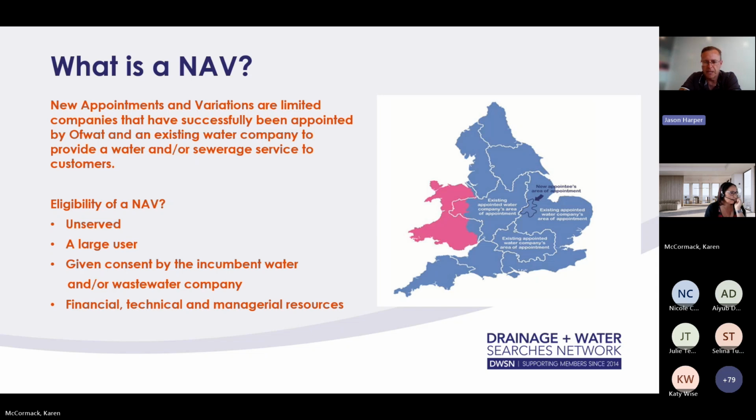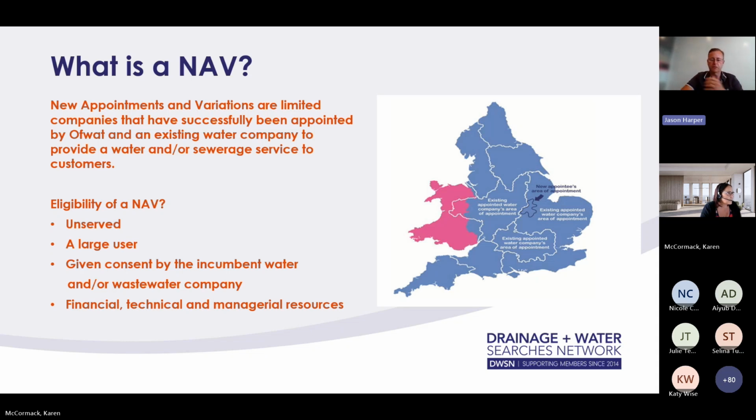I think that's quite appealing for developers, who can just build out their development and leave it to the NAVs to take on the responsibilities of billing the customers, putting in meters and all that sort of stuff. The NAV comes to us asking that the development or the area is free from assets, Thames Water assets.